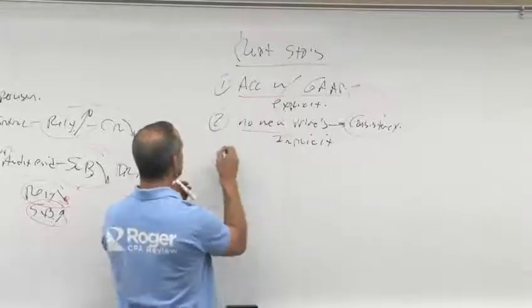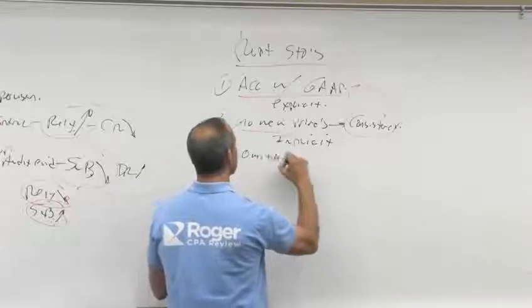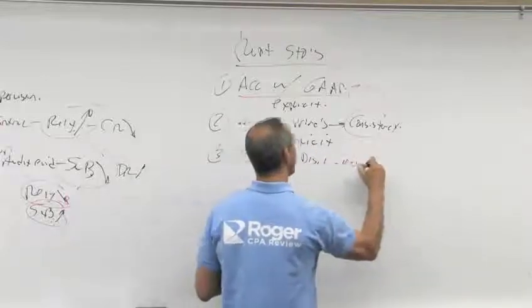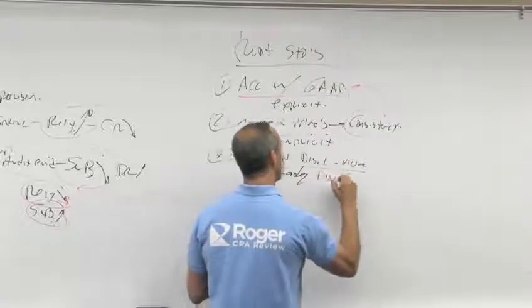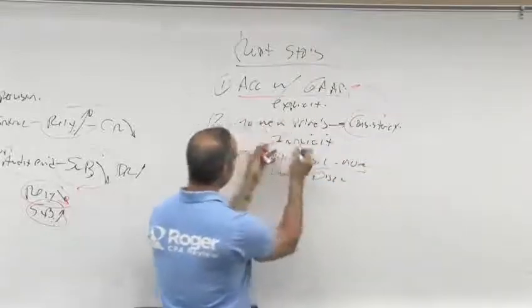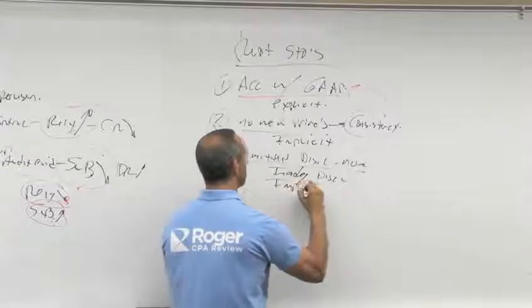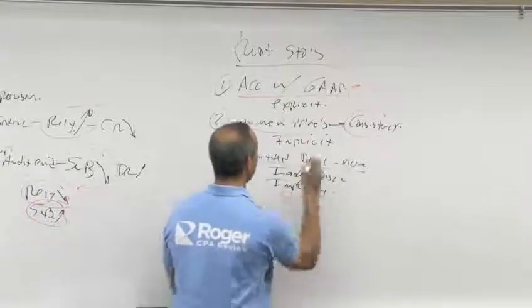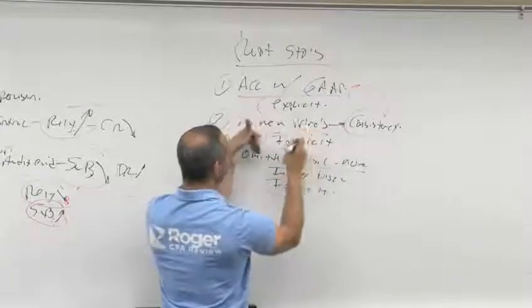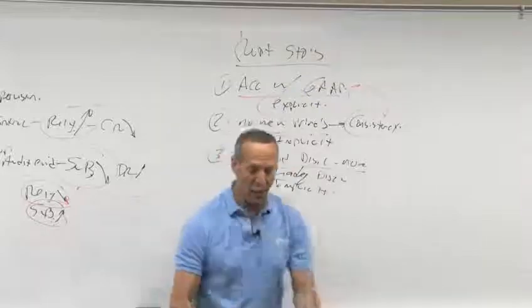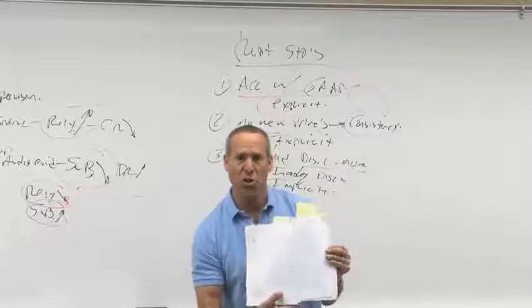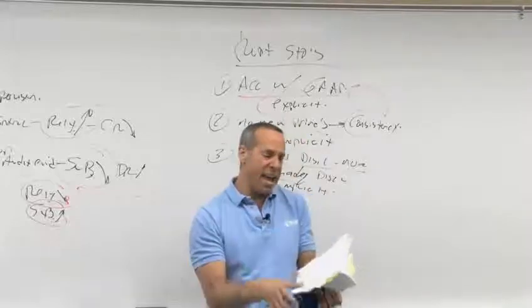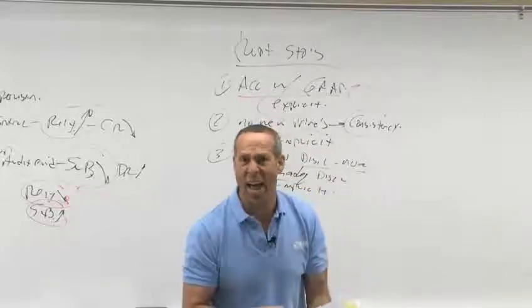The third one talks about omitted disclosures, none. Or I'll call that inadequate disclosure. So what they are, and this is also implicit. What they are implying, right? Explicit means stated, implicit, implied. What they're implying is that when you look at these statements, in the back are footnote disclosures. They're implying, hey, these footnote disclosures are adequate.